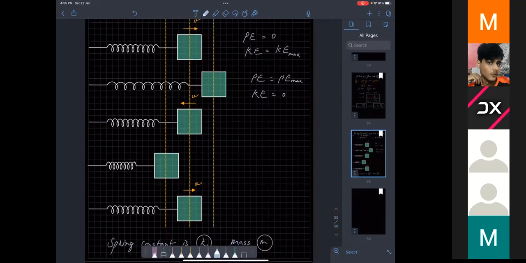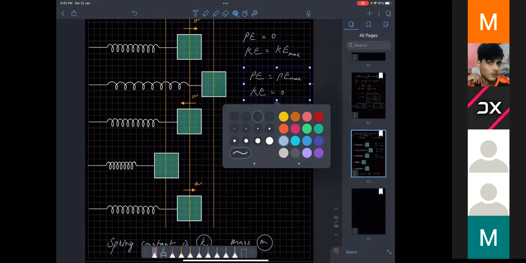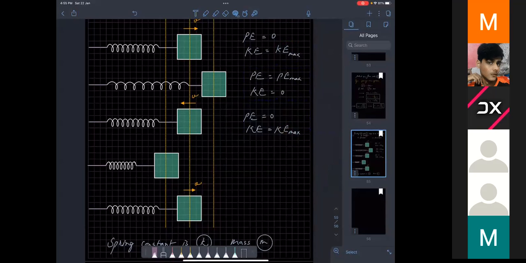In the third case, when it is coming back, again, potential energy is 0, kinetic energy is max. And these will be equal, right? Because even if the velocity is in the negative direction, the formula for kinetic energy is half mv square, so the square will make it positive anyway.